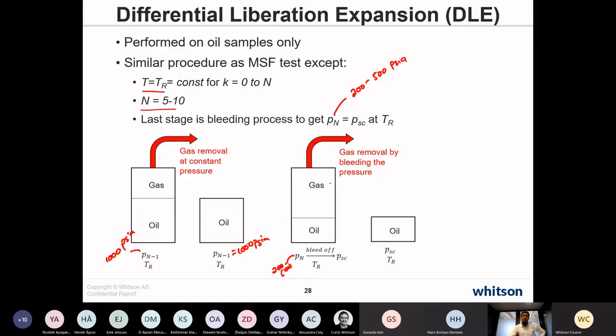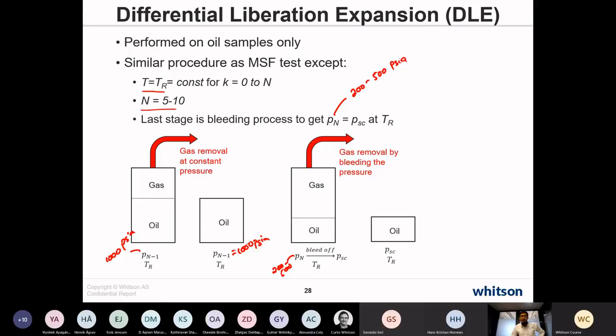And that's not the same as doing a single stage flash, going from PS1 to PN that we try to simulate with an equation of state model, and then going from PN directly to PSC with an equation of state model. So it's not that straightforward a process, and that's something you sometimes have to account for when you have very high shrinkage oils or near critical fluids.